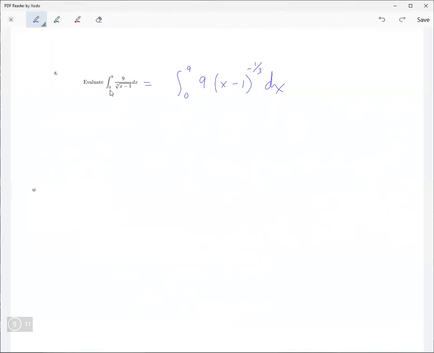Okay, if we plug a 0 in, we have 0 minus 1 to the negative 1/3, right? And that's fine. If you plug a 9 in, that's fine also. But what you have a problem with is plugging 1 in.